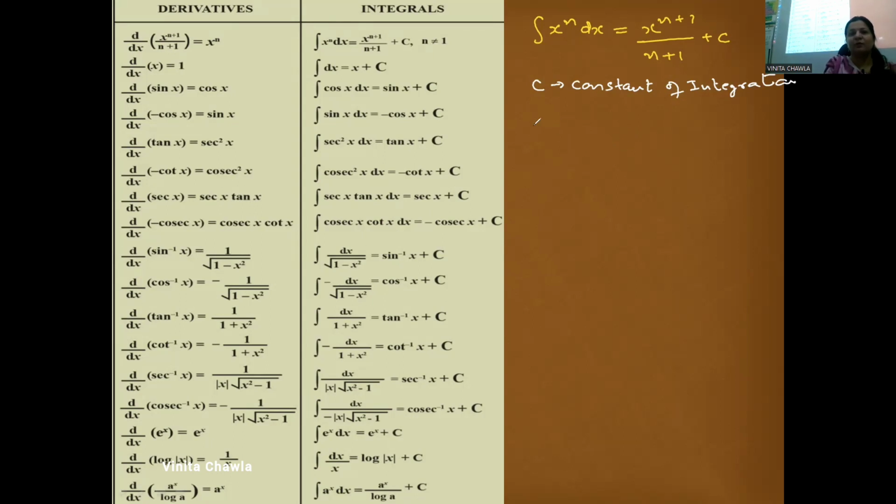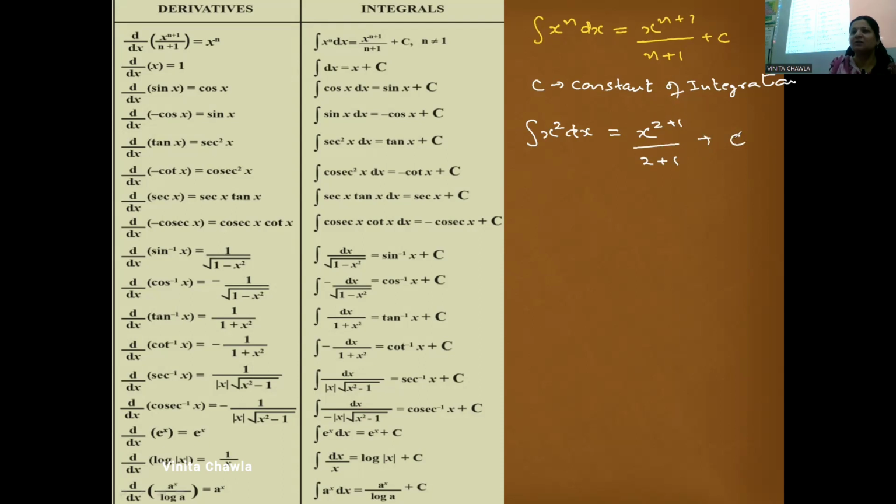Suppose I have to integrate x square. Okay. Now what should I write? We have n is equal to 2. What should I write? x raised to the power, we have n is equal to 2, 2 plus 1, divided by 2 plus 1, plus c.